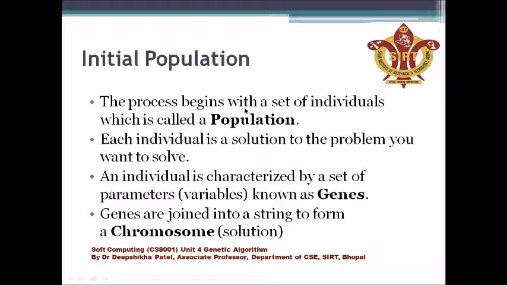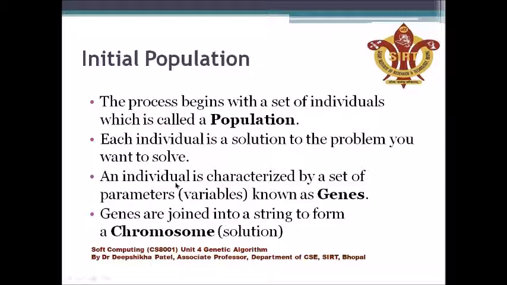So initially we have a population with individuals, or we can say solutions, and among those solutions we have to find the best one when we apply genetic algorithm methods. Each individual is a solution to the problem, so we are considering each individual as a solution.